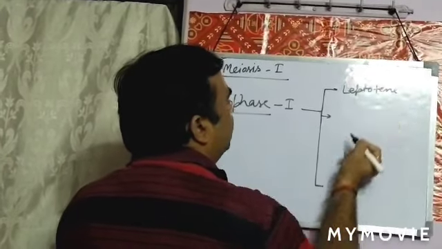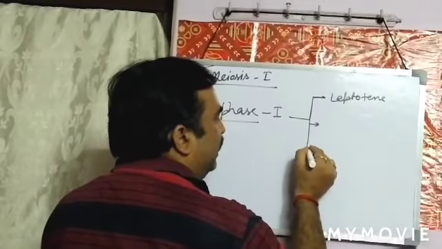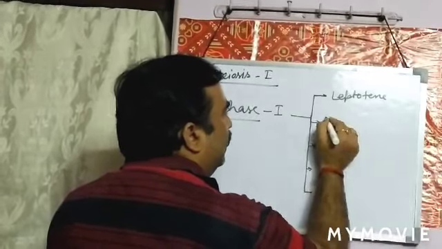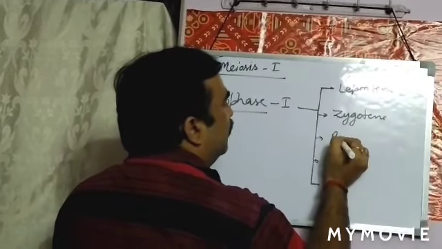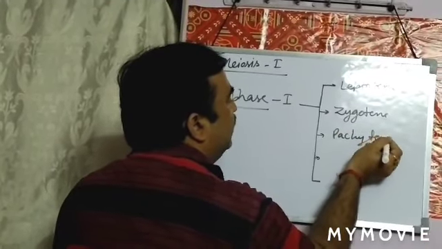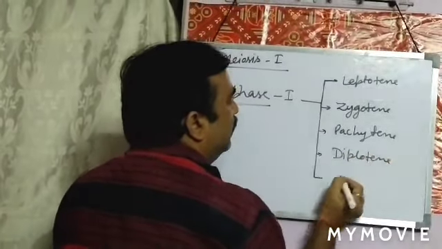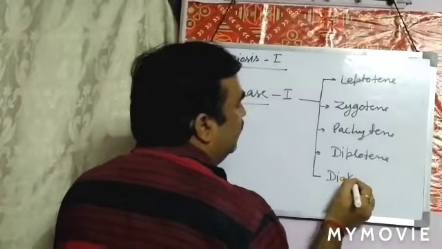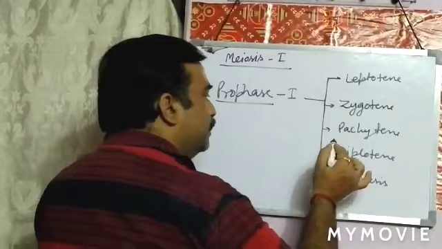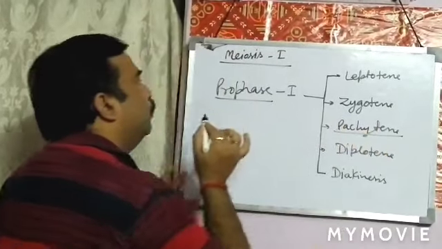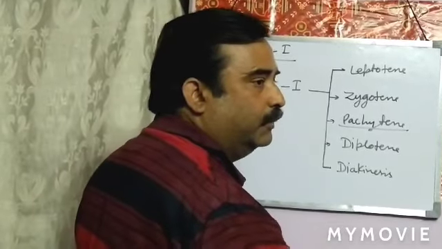It is not in the scope of the syllabus, but only the names I discuss here: leptotene, zygotene, pachytene, diplotene, and finally diakinesis. In the pachytene phase of prophase 1 of meiosis, there is crossing over.